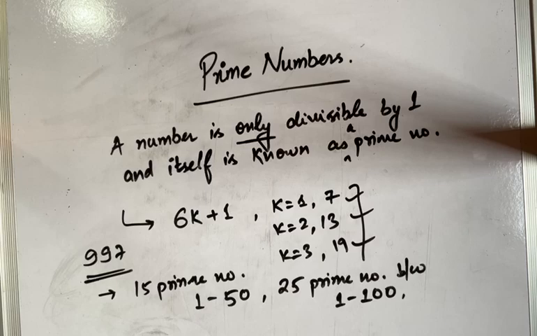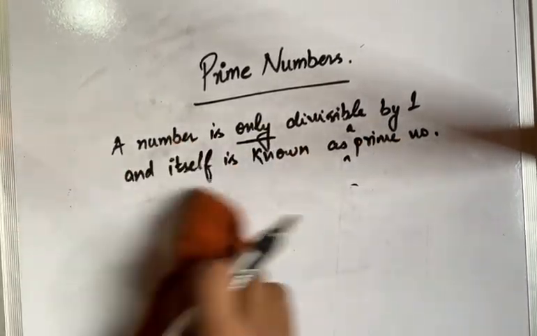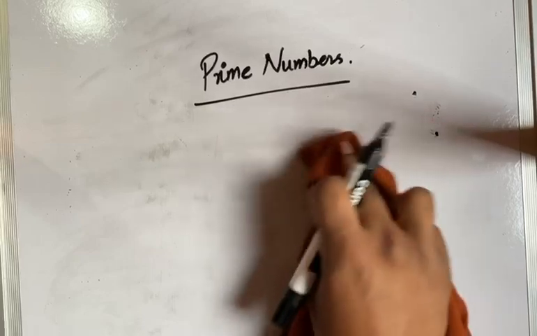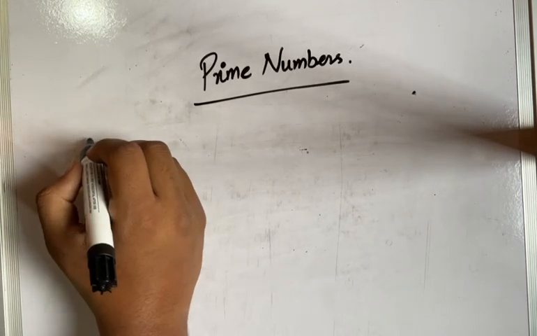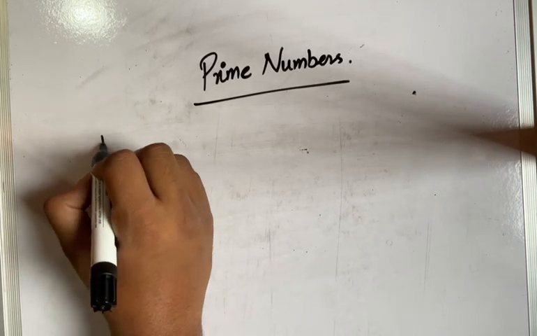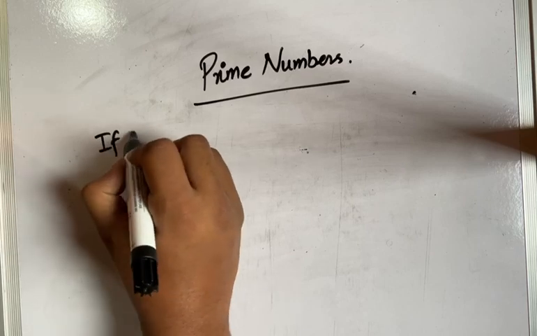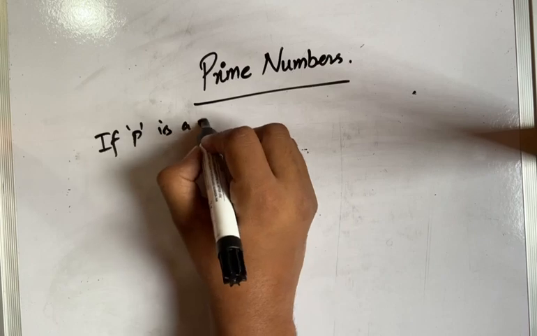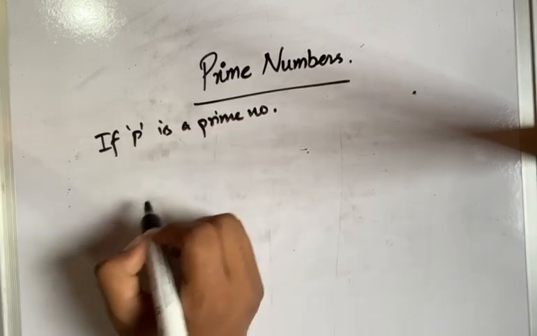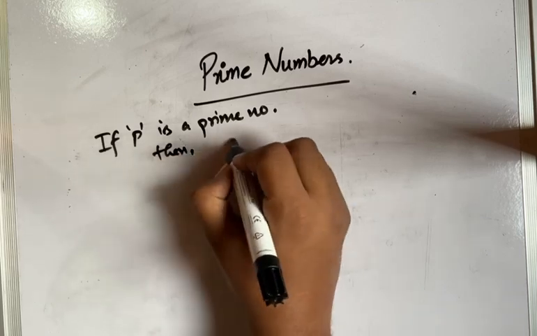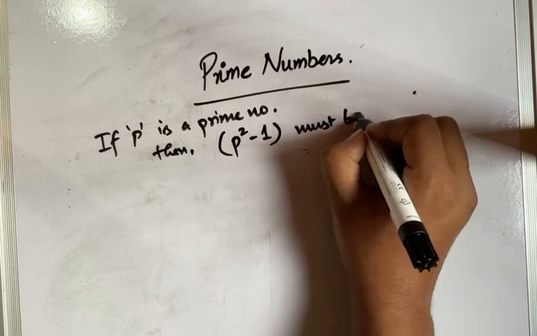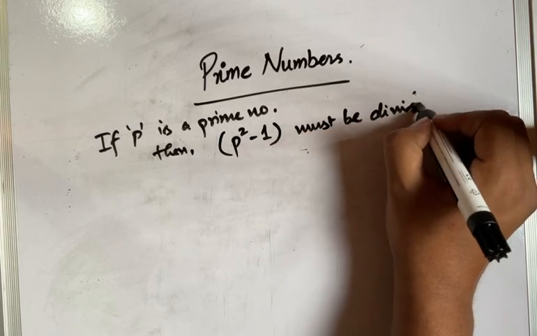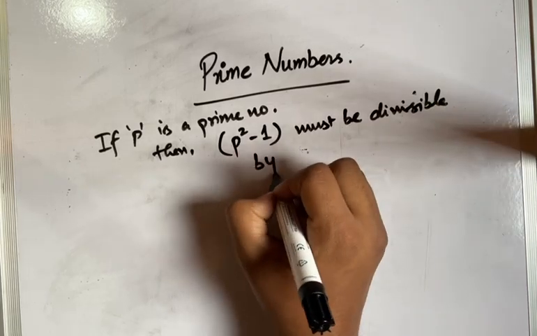Alright, so we'll head to another concept of prime numbers. The important fact is, if P is a prime number, then p square minus 1 must be divisible by 24.